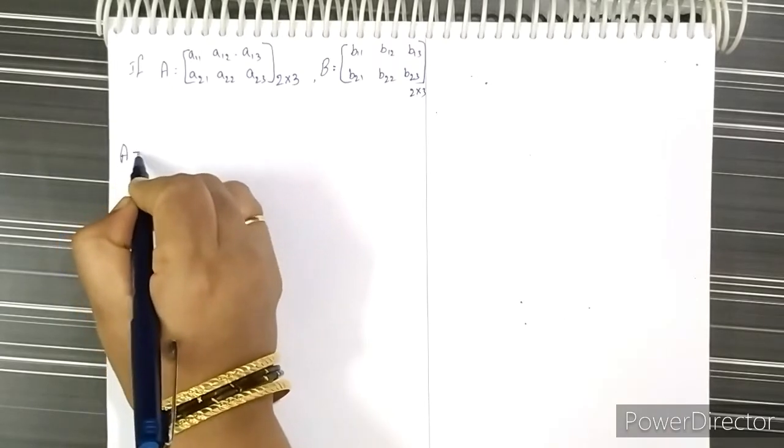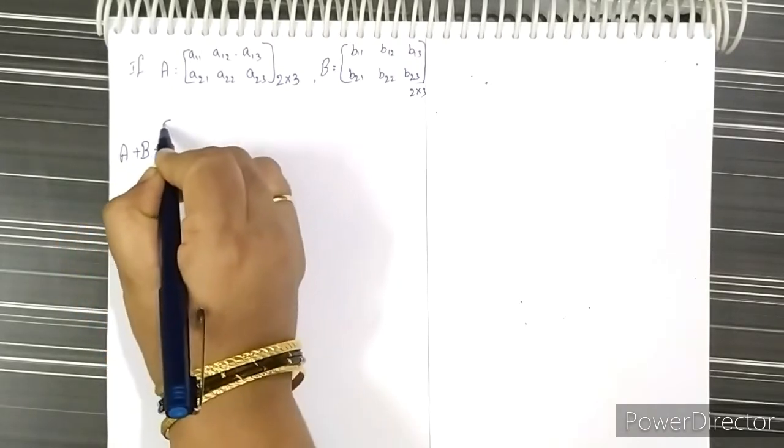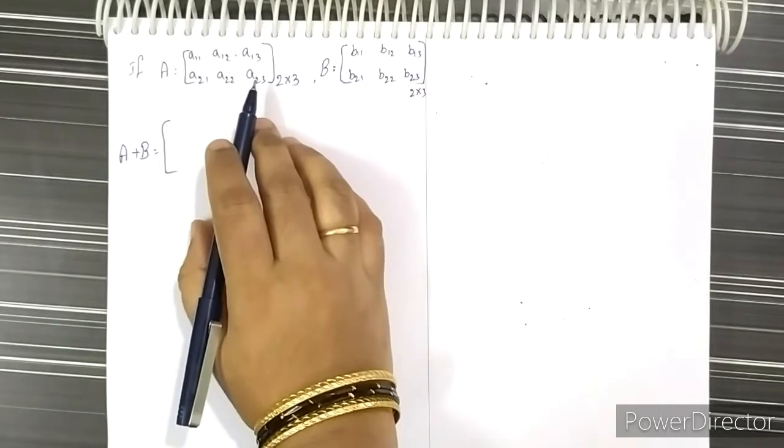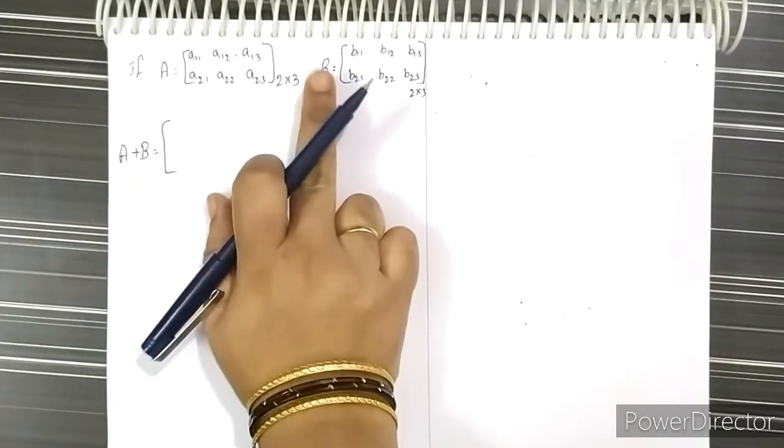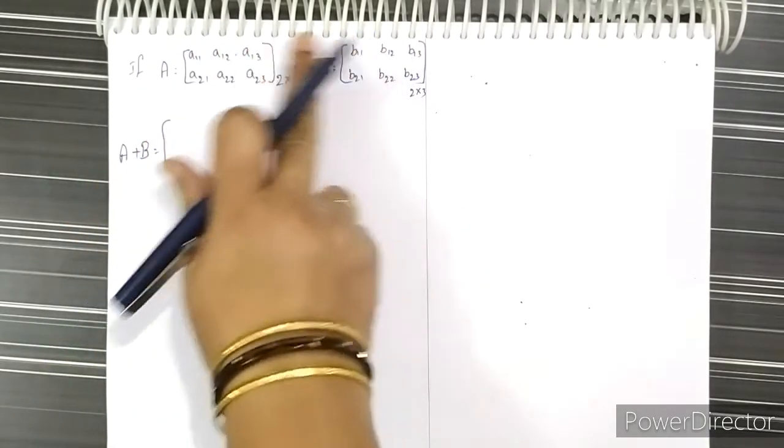Then we can find A plus B. From the definition, the sum of the matrices is equal to the sum of the corresponding elements.